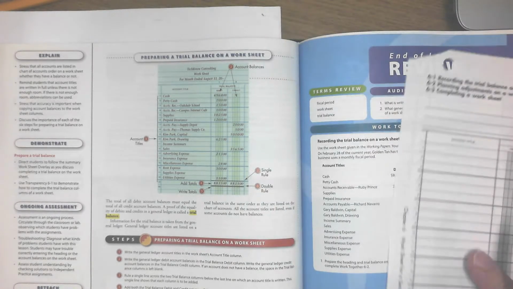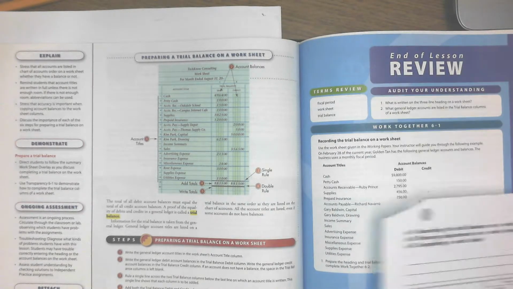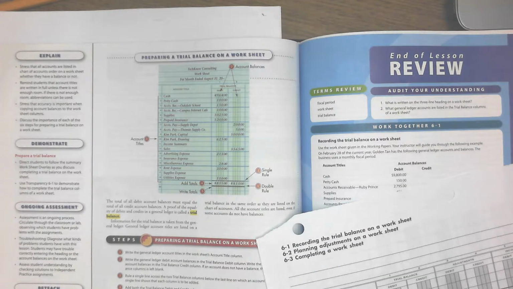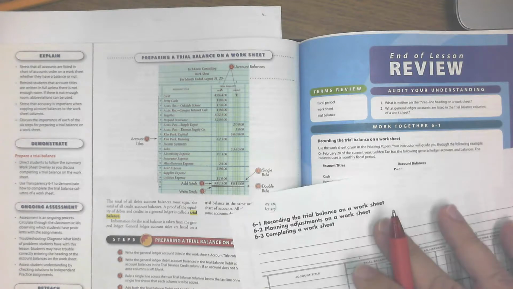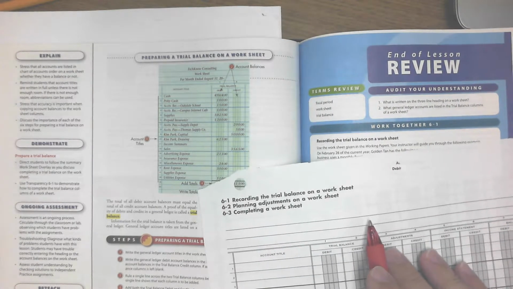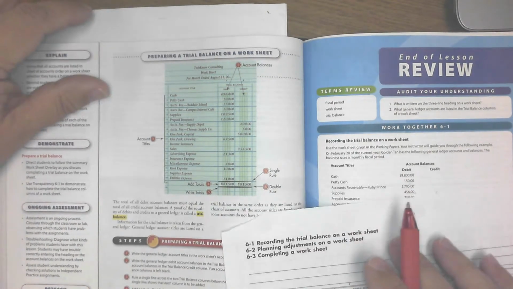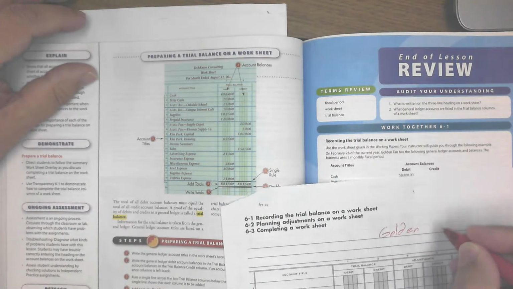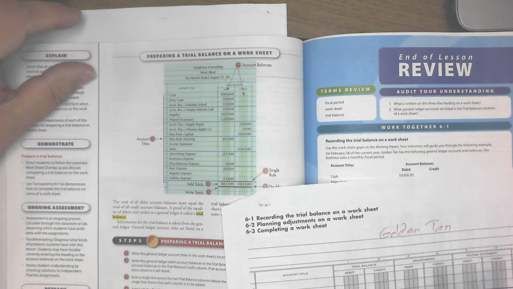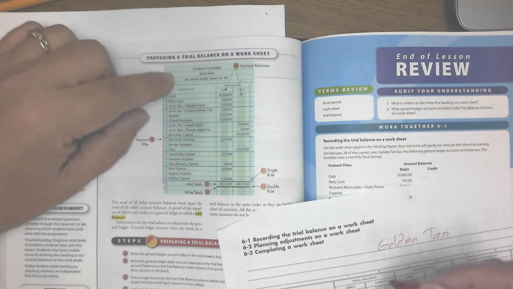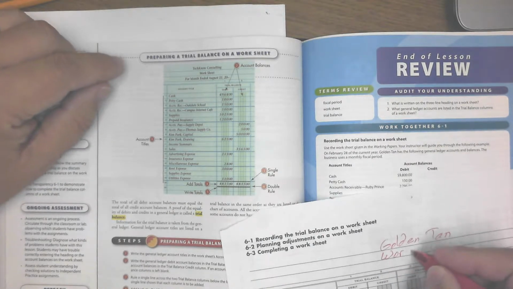So the first thing, whatever order you want to do this in, the easiest way to do it is just start at the top. So here in the header, we've got the name of the business, Golden Tan. And then the worksheet, because that's what this is.